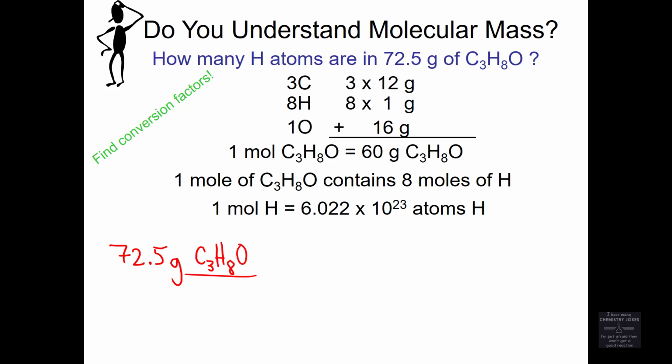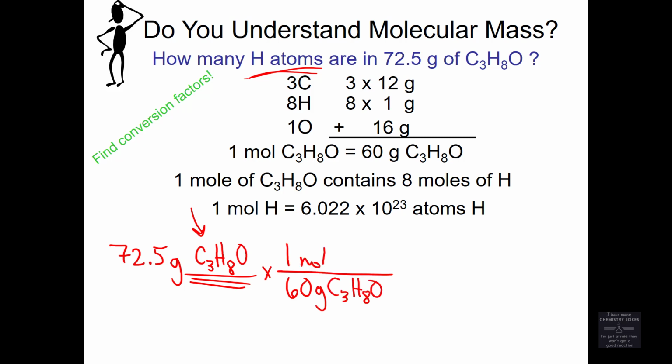And remember, we need to keep track of this thing because we're not eventually going to be in atoms of this thing. We want atoms of hydrogen and only hydrogen. So grams of that thing, we know that 60 grams is what that thing weighs when you have 1 mole of it. And 1 mole of this thing contains 8 moles of hydrogen.